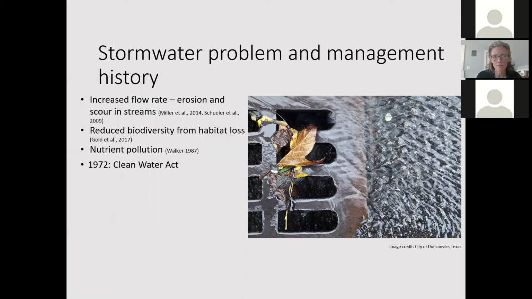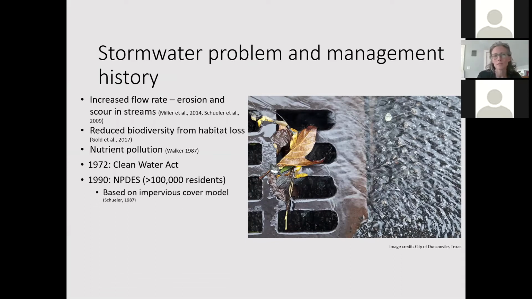And we started having this discussion with the Clean Water Act, but the Clean Water Act was really addressing point sources, sources that you can literally point to, like an individual pipe outlet. But it wasn't until 18 years after the Clean Water Act that the NPDES permit came out.